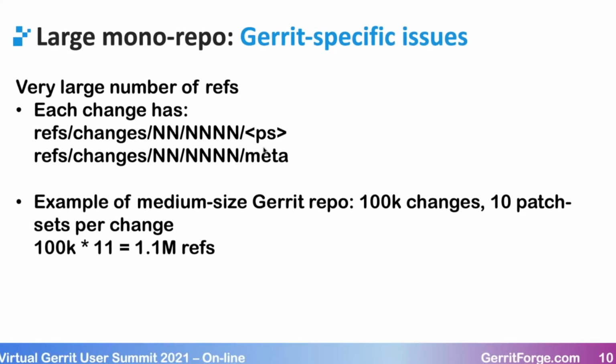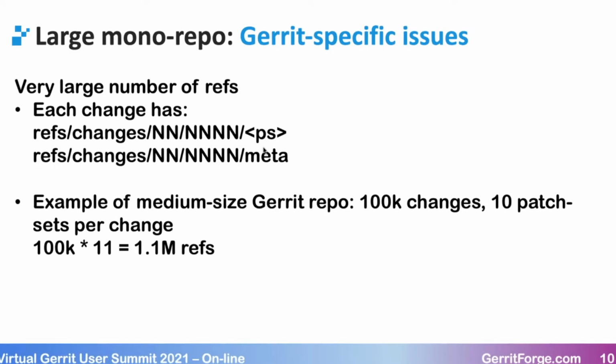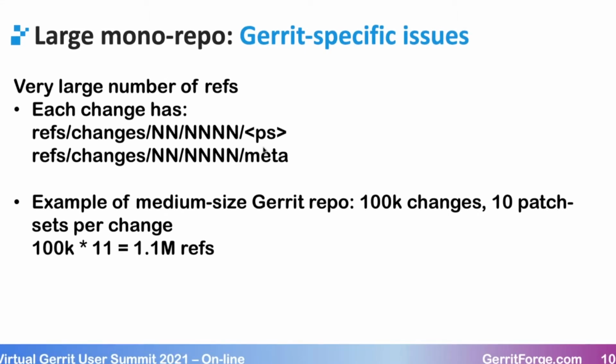Let's talk about, for instance, a medium-sized repo. This is not a very large one, just a medium one with 100,000 changes. I will demonstrate that 100,000 changes is not very big. And imagine just 10 patch sets per change. That is very optimistic, because I clearly recall that some changes in Gerrit code review went over patch set number 99.